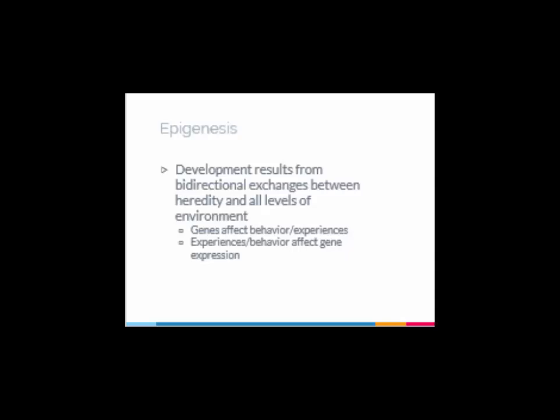So genes affect people's behavior and experiences, but their experiences and behavior also affect gene expression. So epigenesis refers to development resulting from these ongoing bidirectional exchanges between heredity and all levels of the environment.